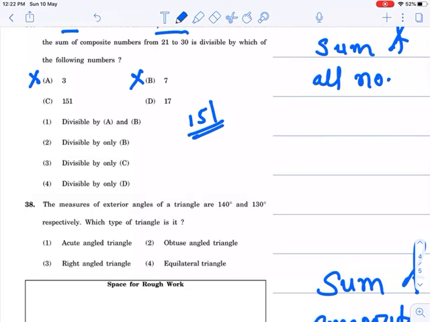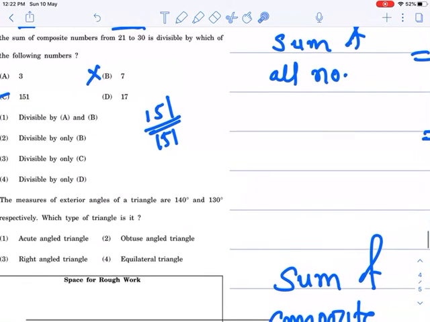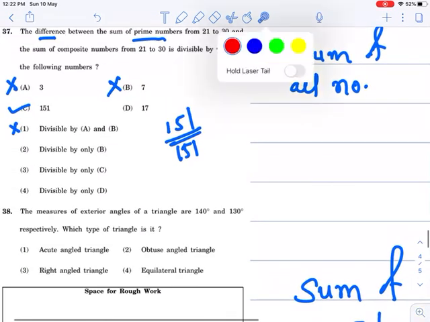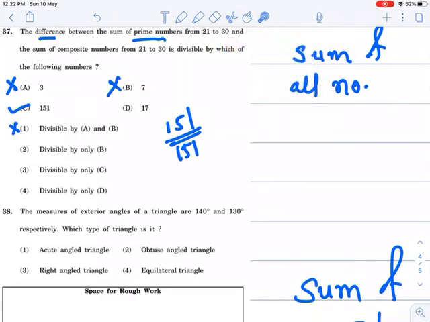Now C, 151 is divisible by 151, completely divisible, therefore C. Now no need to see option D, because divisible by A and B is not there. 151 is divisible by only 151.